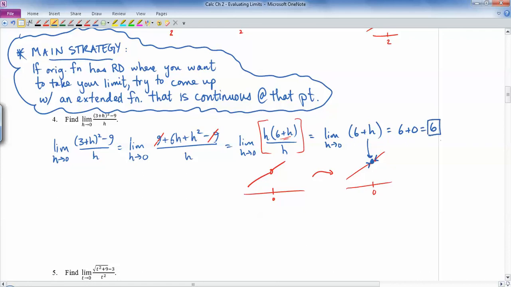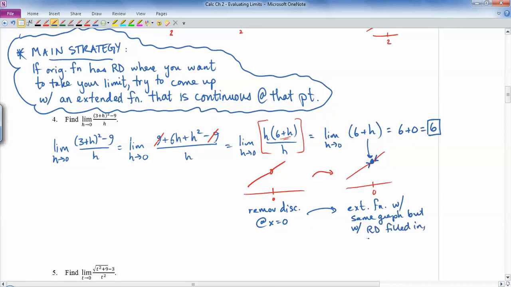Okay, so this one right here has a removable discontinuity at x equals 0. The trick that we do is we find the extended function that has the same graph, but with the removable discontinuity filled in.